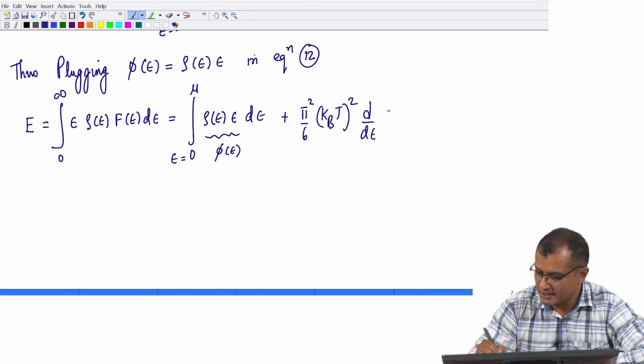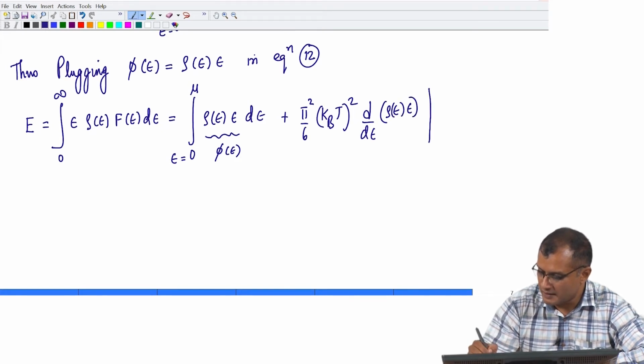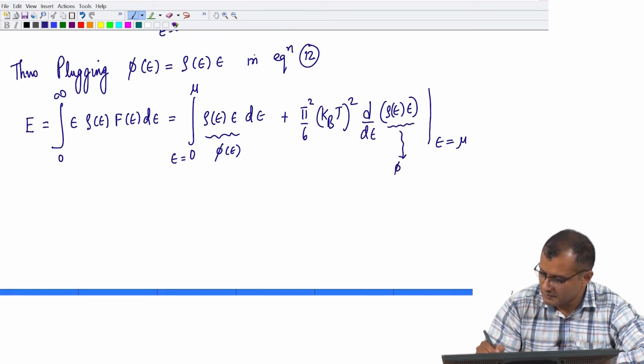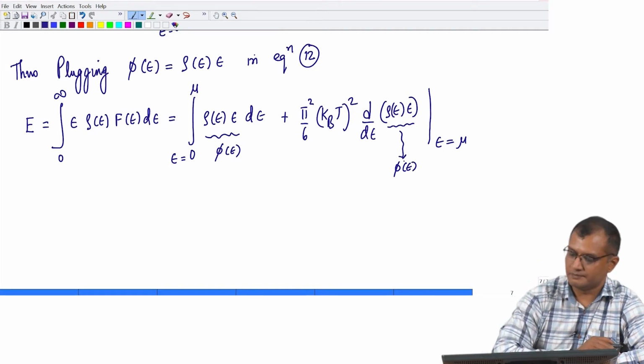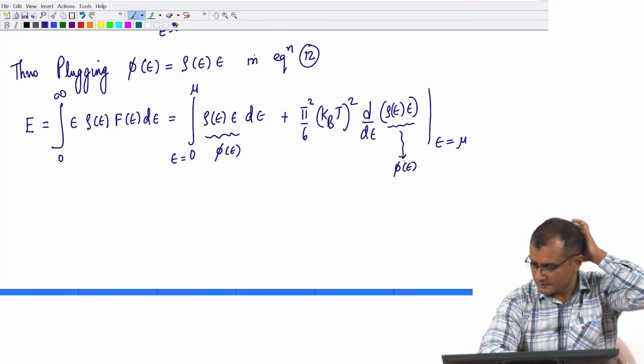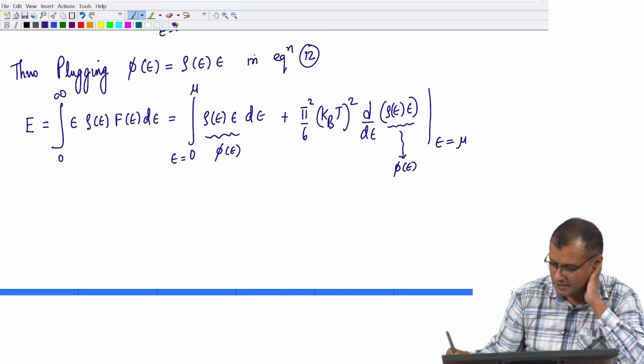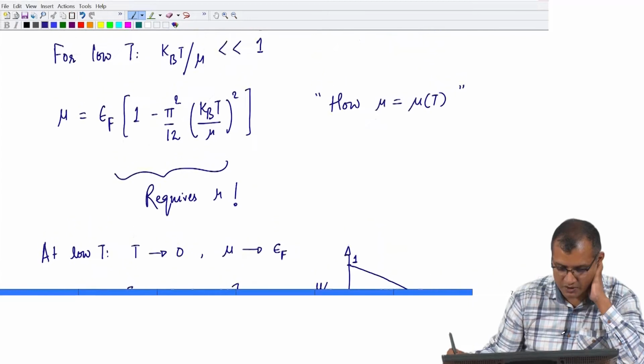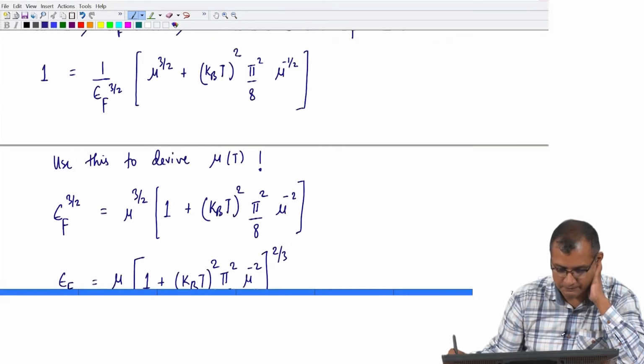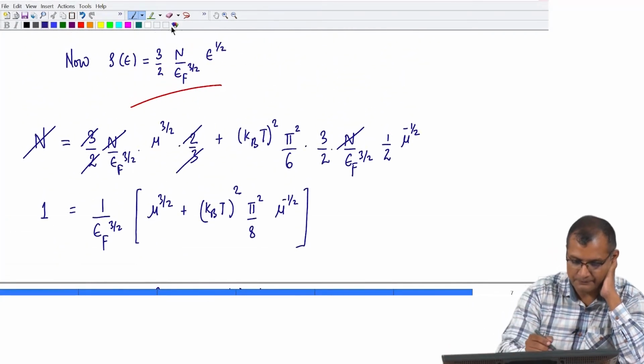Now, my phi is again, as I said, rho E into E at E equals to mu. So, this is nothing but my phi of E. But I already know that my rho of E, the density of states, which was written here, this expression.